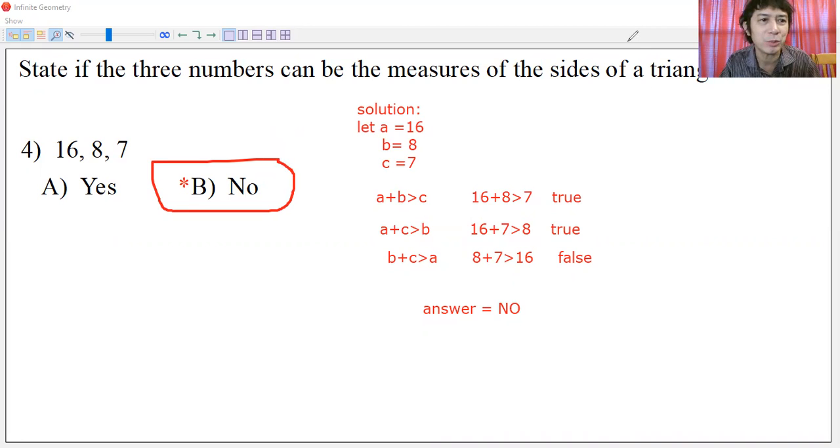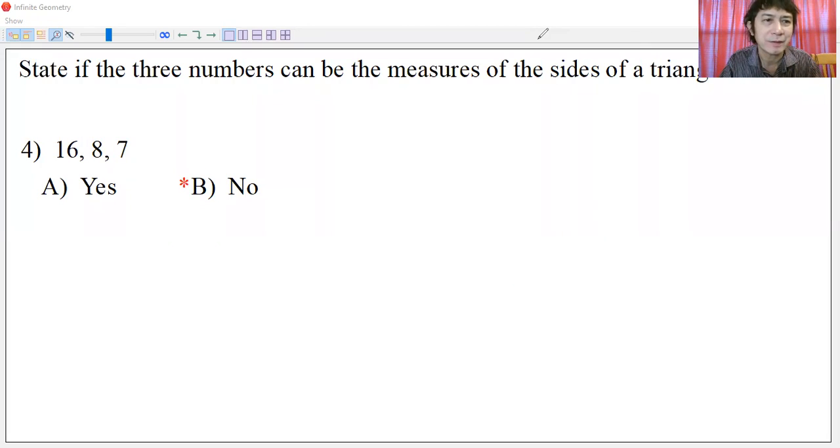This will now be number 5. Here's number 5. State if the 3 numbers can be the measures of the sides of a triangle using the triangle inequality theorem. The theorem states that any 2 sides of a triangle, when added, must be greater than the third, and it should be true for all possible combinations.